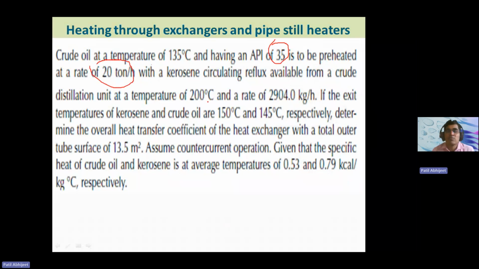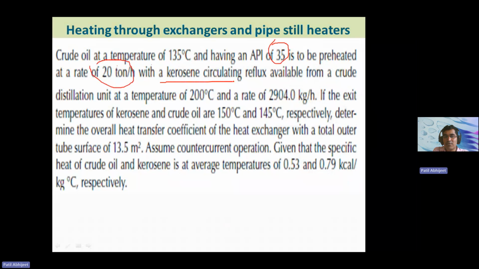The crude oil has to be heated, so it is the cold fluid, with kerosene circulating reflux available from a crude distillation unit at a temperature of 200 degrees Celsius and at the rate of 2904 kg per hour.